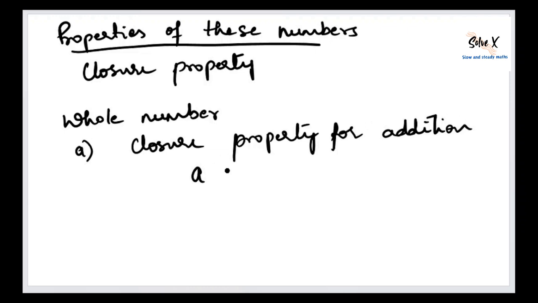If A is a whole number plus B is also a whole number equal to C, the sum A plus B is C; is it a whole number? Now we have to check.